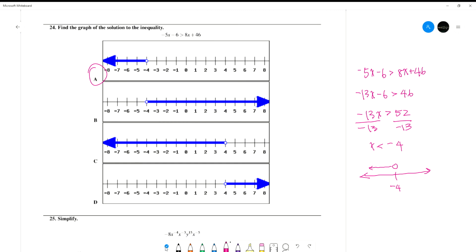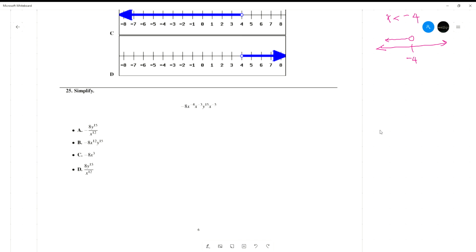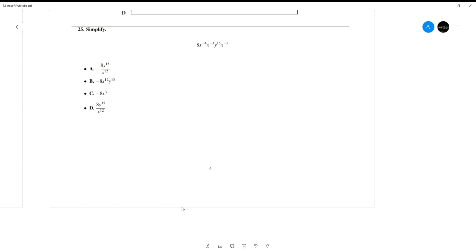All right, well, the last problem here, we have to simplify using the laws of exponents. So that means no negative exponents allowed, right? So I'm going to combine the x's first. So x to the negative 4th times x to the negative 3 times x to the negative 5th.